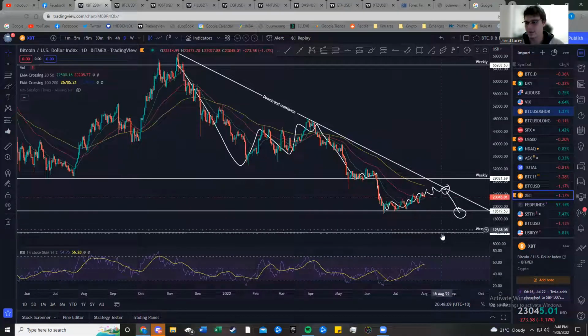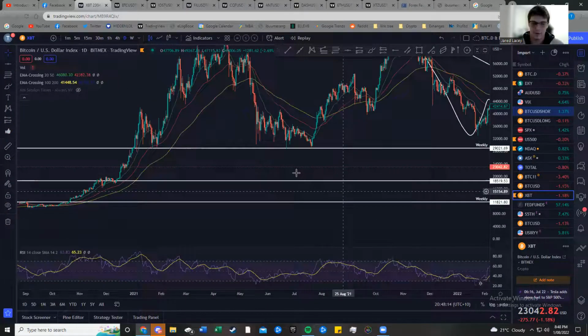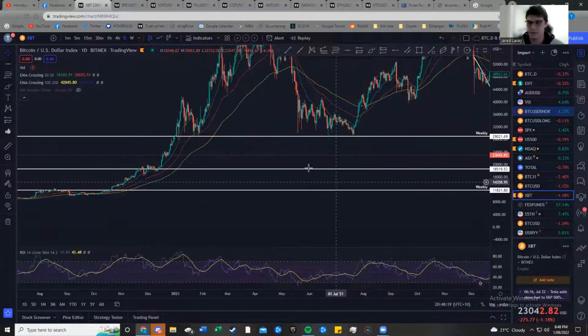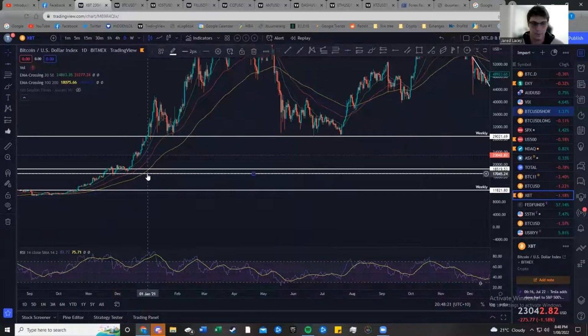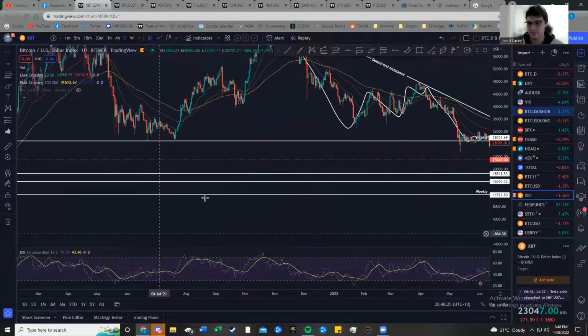But our next real support is down here at 12K, which is our weekly support. There's a couple more levels on the daily, but our strongest support is actually at 12K. I'm not saying we will see 12K, but that's our strongest level so far.